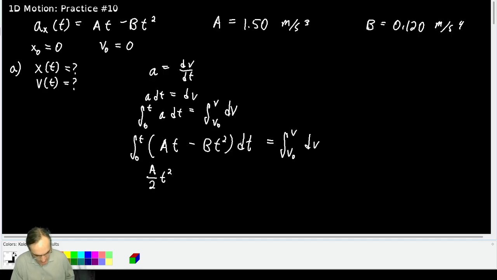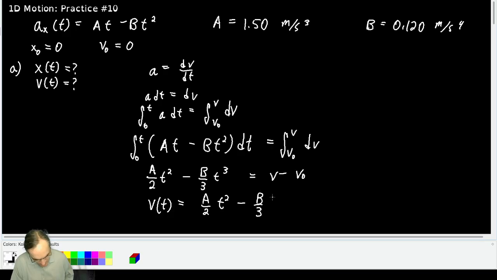Minus bt squared dt, integrate that, we get minus b over 3 t cubed. On the other side, we just get v minus v0. As a result, we now know that v as a function of t will be equal to a over 2 t squared minus b over 3 t cubed. v0 is 0, so we just throw a 0 in there for that part. Doesn't matter if we move it to the other side or not, it's 0.